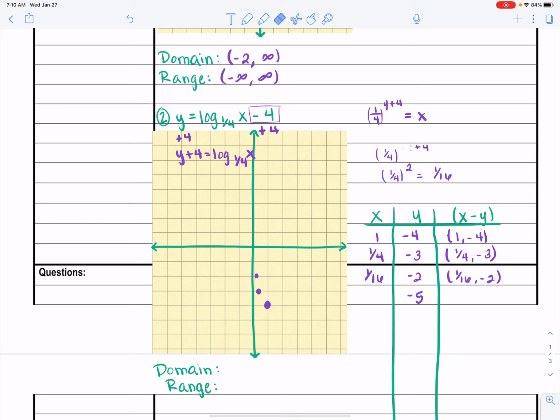So 1/4 to the -5 plus 4 is really 1/4 to the -1. If I have 1/4 to the -1, that's 4 whole. So it flips that fraction again and gives me 4 as a whole number. So 4, -5.